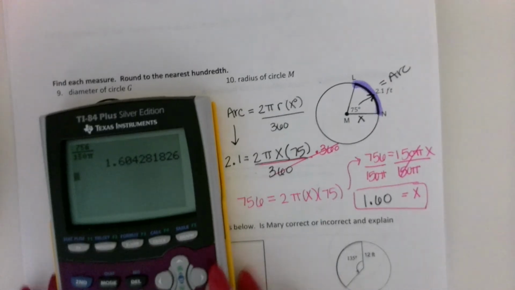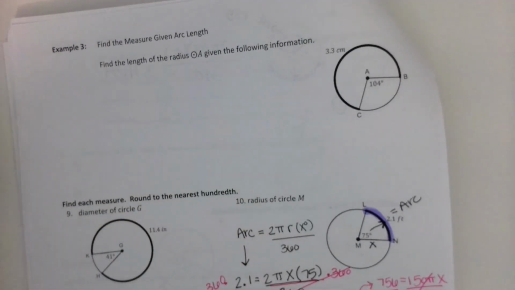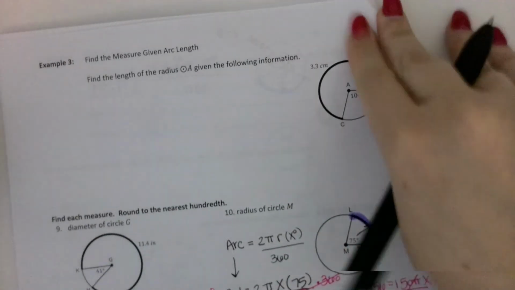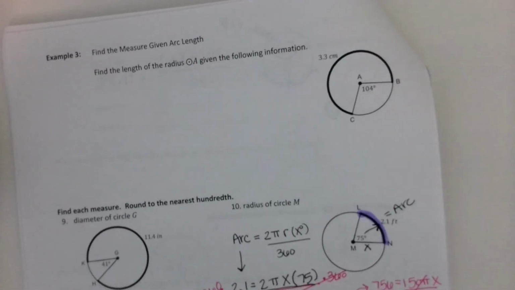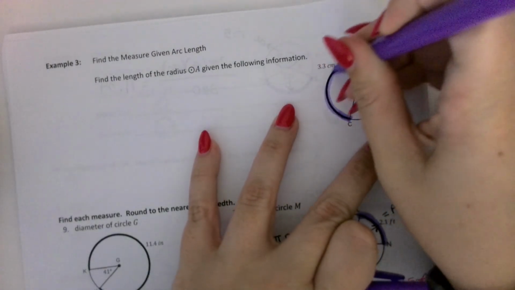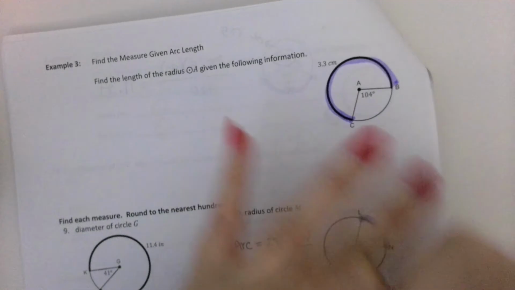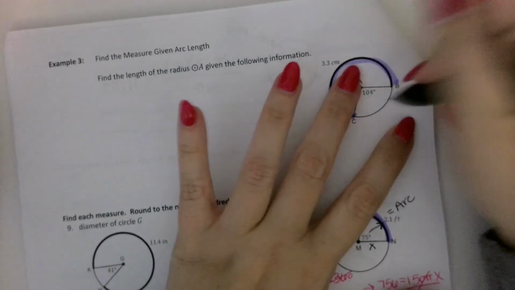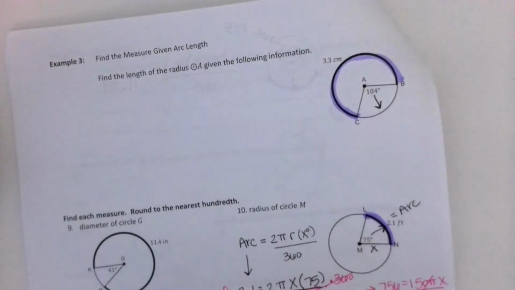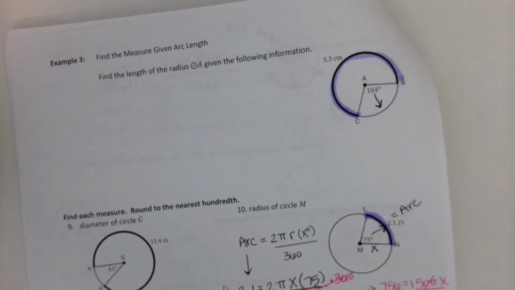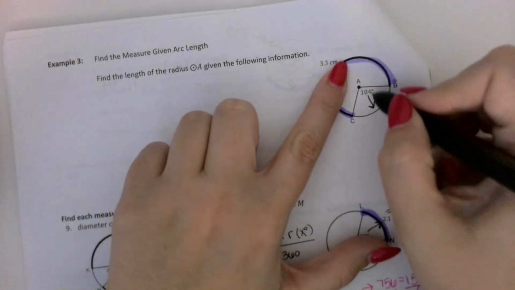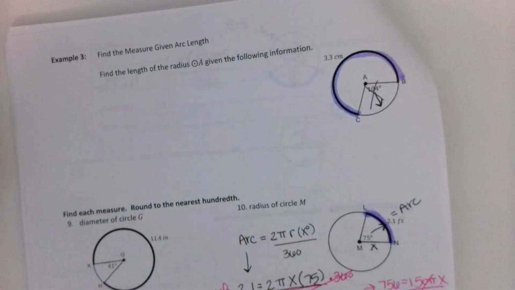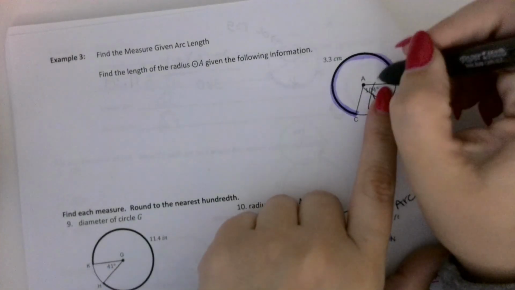Okay, so the reason I skipped number 3, let's go back and do number 3, is that it's telling me that this arc here is 3.3. But just like in those other problems, we have to ask ourselves, is this 104 pointing to the right thing? And it's not, right? 104 is not pointing to the right thing, so I can't use 104. I need to know what this angle is.